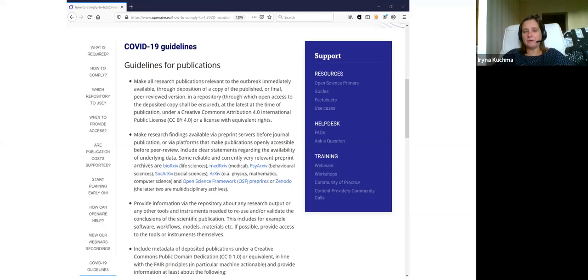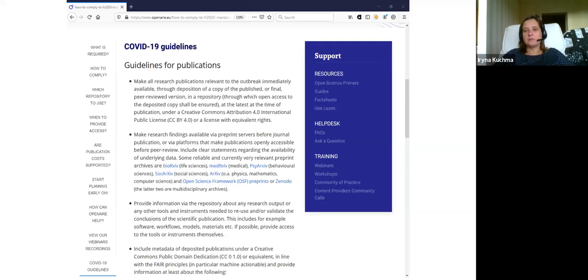This spring, the European Commission released guidelines to projects that support COVID-19 research. And the second recommendation is to make research findings available via preprint service before journal publication. And that's something that was never included in recommendations to grantees before.